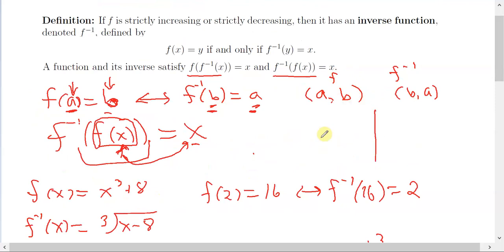And that has the property that if I draw the line y equals x, the way I reverse these x's and y's is I flip the graph across that line. So if I have a graph that's strictly increasing, close enough, I can draw its inverse by just drawing the mirror image on the other side of the line y equals x. So if this is f, this would be the graph of f inverse.